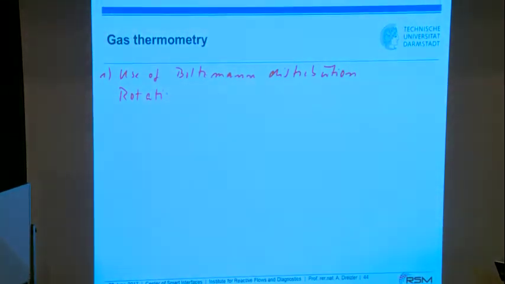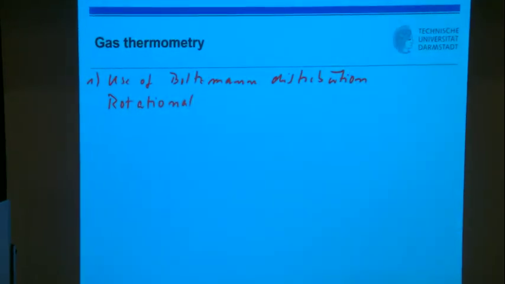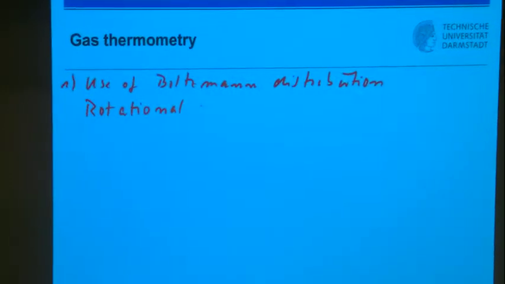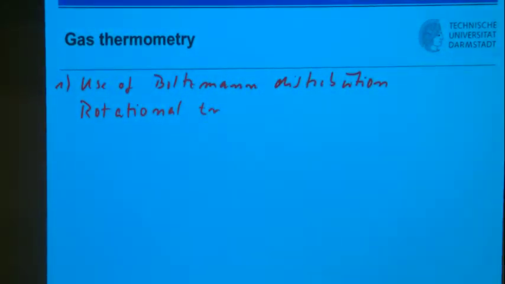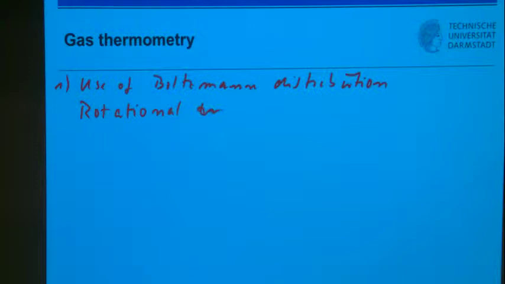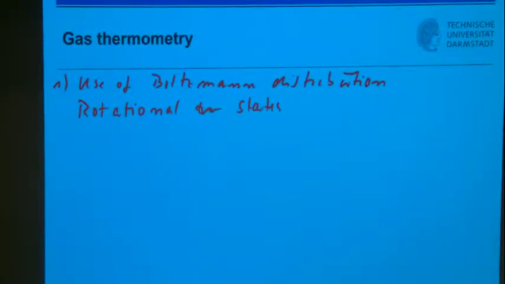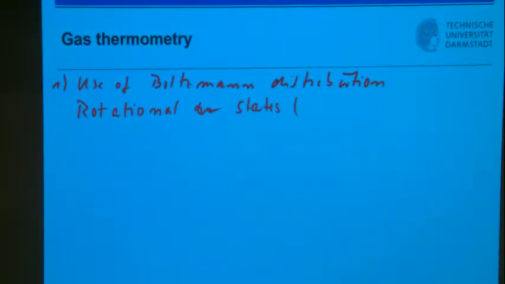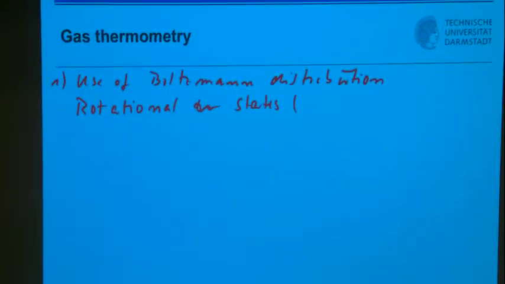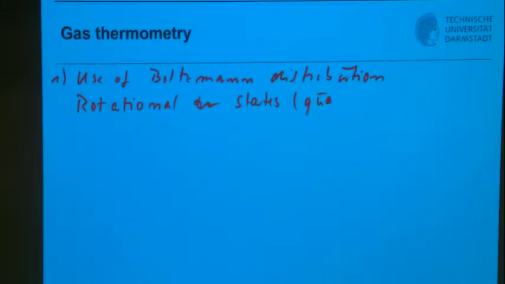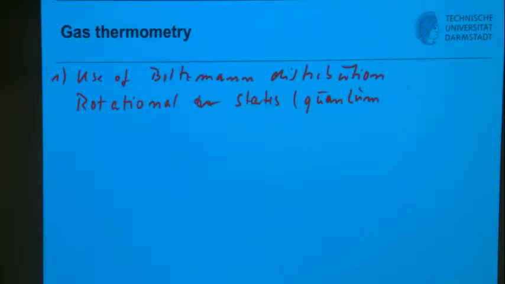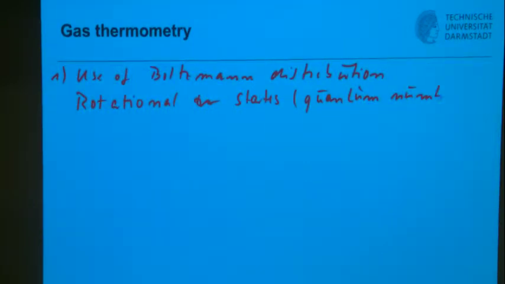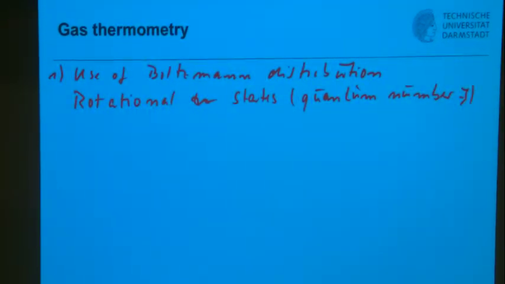where you have, for the case of rotational states, which are the most sensitive ones with respect to temperature, classified by their rotational quantum number J, in the following way.